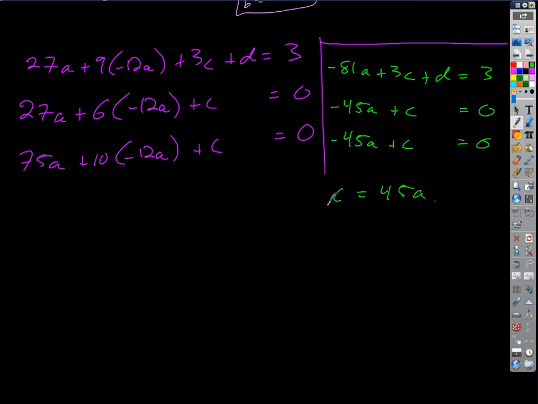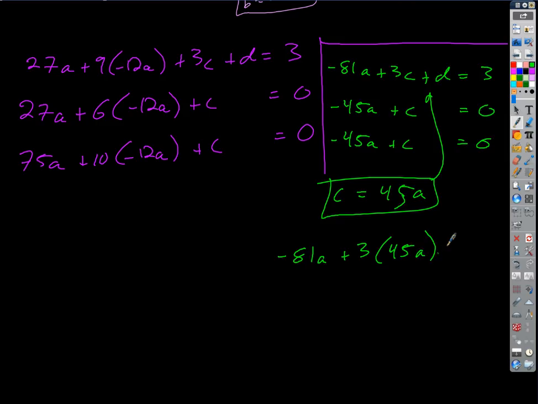Now we've got another substitution equation. If I plug this guy back up into here, we could get negative 81A plus 3 times C, but C is just 45A.